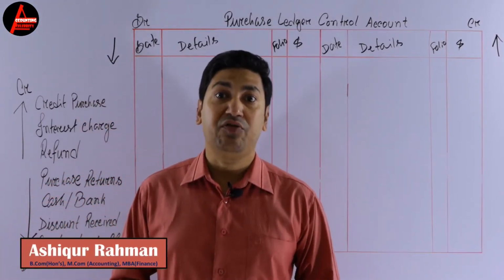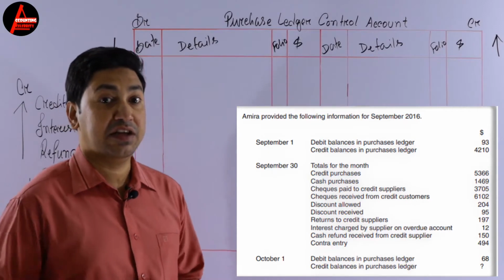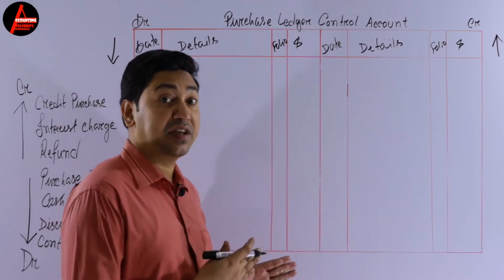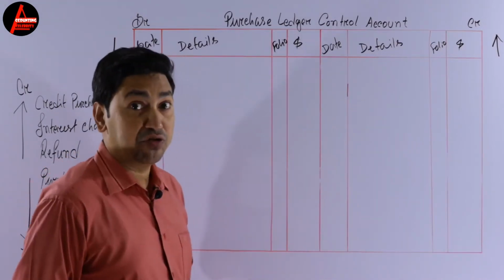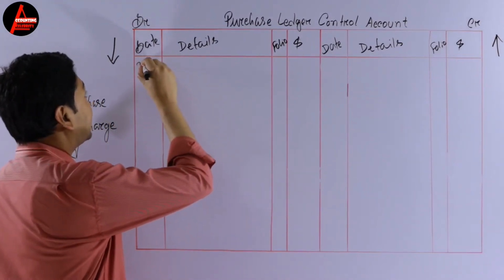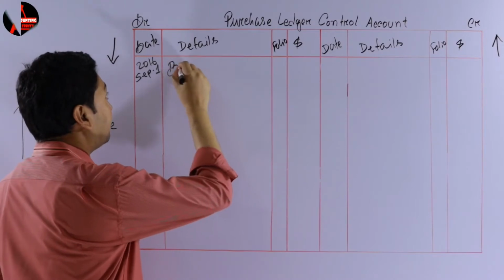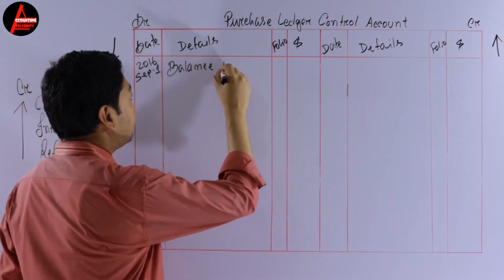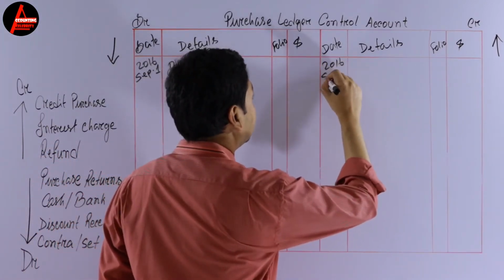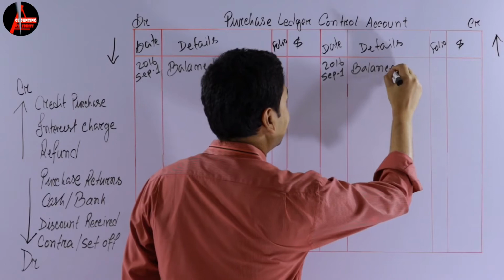Okay, so here we have two balance BD. In the beginning of the question there is written the debit balance in purchase ledger. Don't forget, the debit balance will come in the debit side and the credit balance will go in the credit side. So let us write balance first of all here. 2016 September 1st, balance BD, and here also 2016 September 1st balance BD.